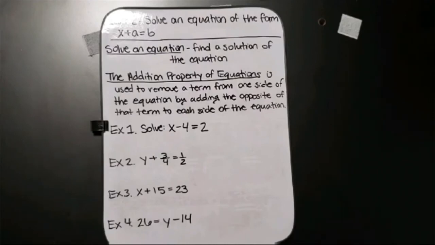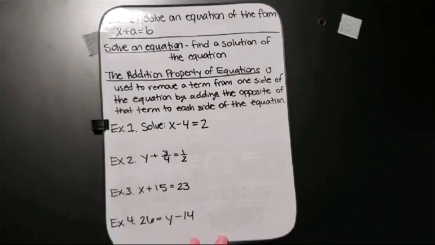So basically what this rule is saying is that whenever we have something added or subtracted on one side of the equation, in order to move that from that side of the equation, we have to do the opposite operation. So let's look at that in action.